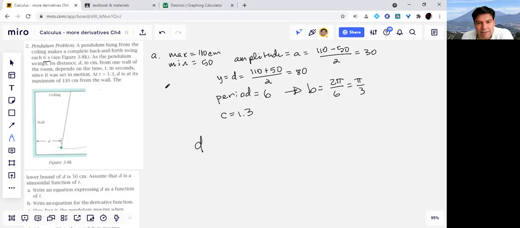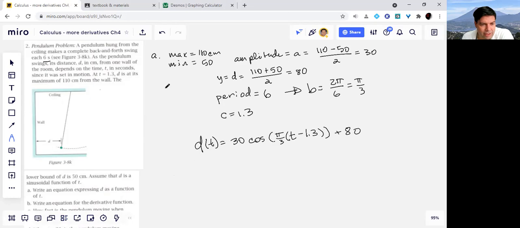So the distance from the wall, which depends on the time, is amplitude 30 cosine of the value of b, pi over 3 times t minus 1.3, the value of c, plus 80. Okay, d is in centimeters and t is in seconds.